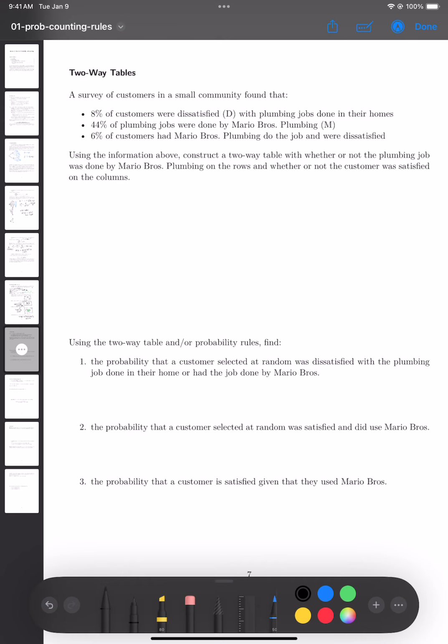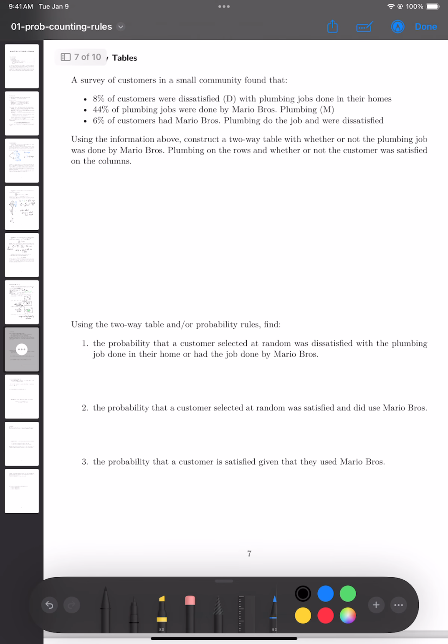So before we actually do anything else, I'm going to look at some possible questions. We might be interested in finding the probability that a customer selected at random was dissatisfied or had their job done by Mario Bros. We might be interested in the probability that a customer selected at random was satisfied and did use Mario Bros.